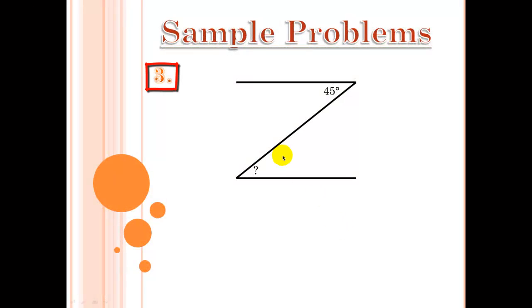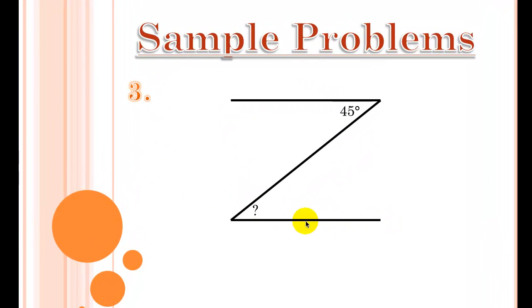Sample problem number 3. In this question, you basically have a Z pattern with a missing angle. So we're going to try and solve this missing angle. If you remember from near the beginning of the video, we explained the alternate angle theorem, or the Z pattern.